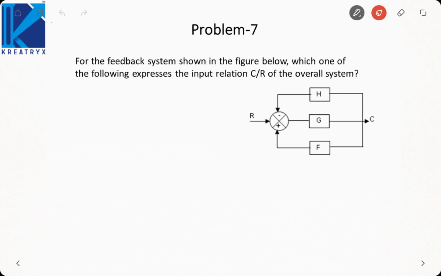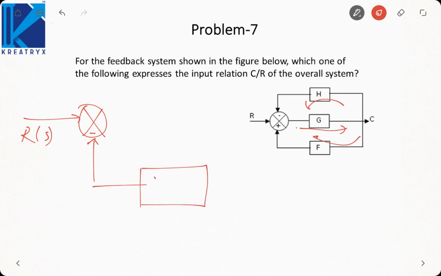Moving on to the next problem. Here there is a single forward path and we have two feedback paths, one with positive sign, other with a negative sign. So what we can do is, since both are feedback, we can combine them in parallel. Let us say we take negative sign, so it would be H minus F, because H is with the negative sign, F is with the positive.